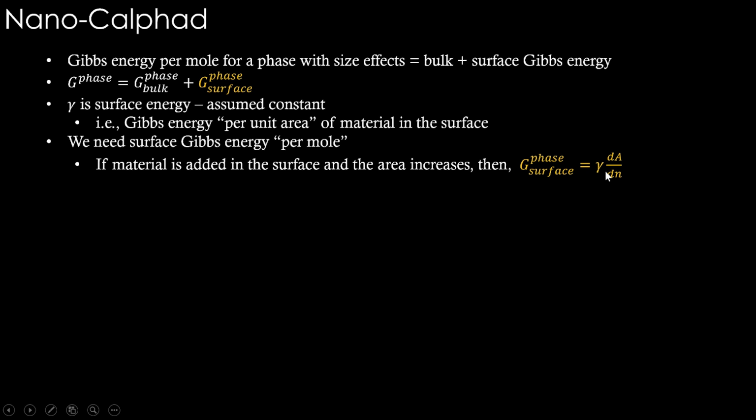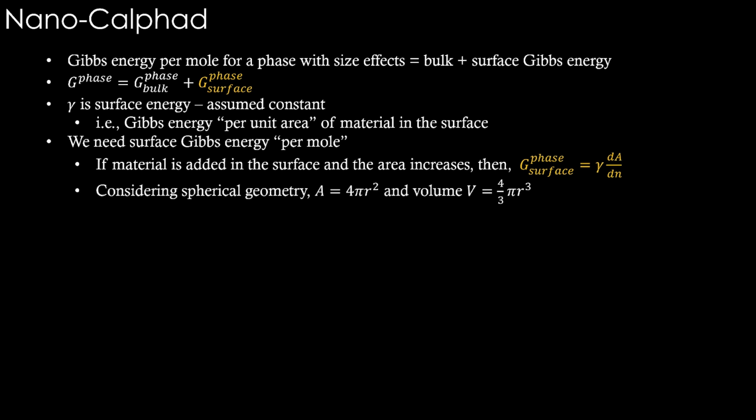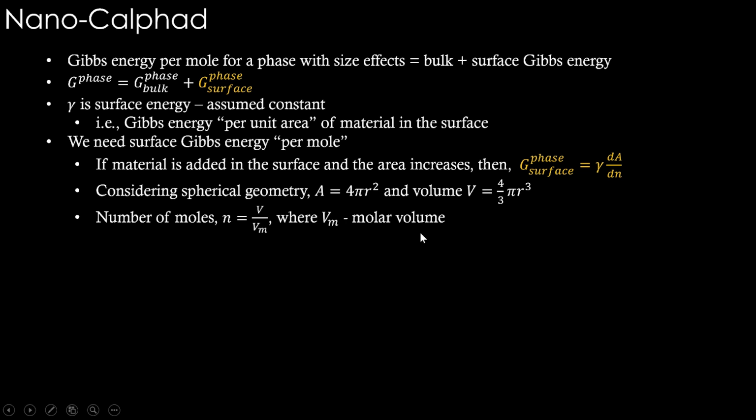So gamma multiplied by the rate of area increment with respect to the material added, dA by dn. Here n is the number of moles of material added and A is the area. If we keep a spherical geometry, the area A is 4 pi r squared and the volume is 4 by 3 pi r cubed. Then we can calculate the number of moles, which is the total volume divided by the volume of material per mole, that is the molar volume. If we do that, we get the number of moles of atoms.